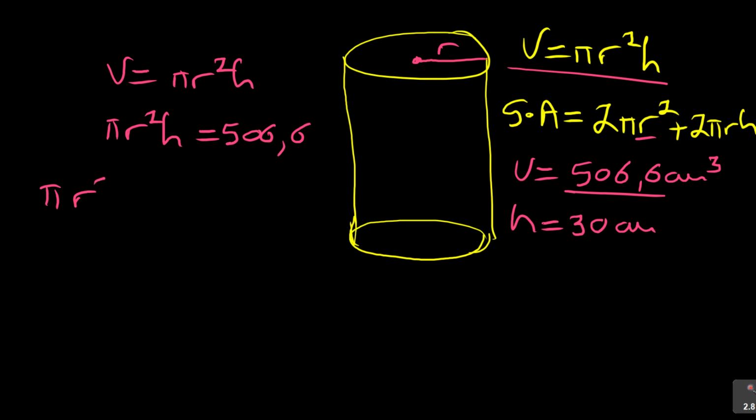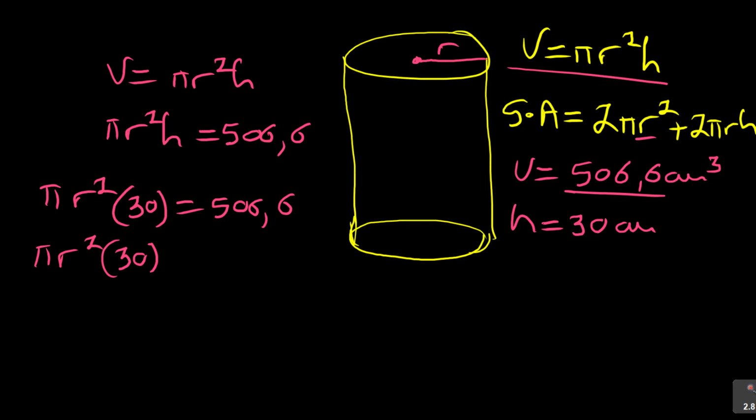Pi r squared times 30 is equal to 506.6. Are you with me? And then pi r squared 30, actually over pi 30 is equal to 506.6.